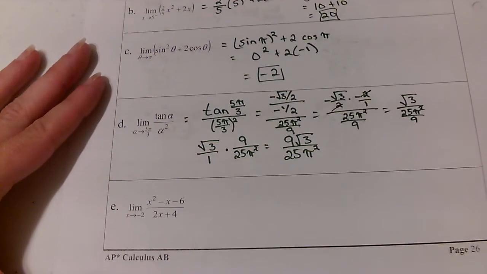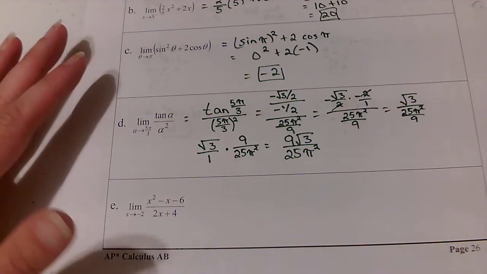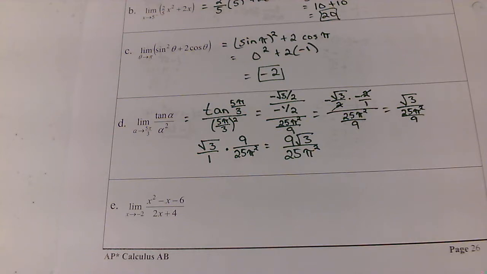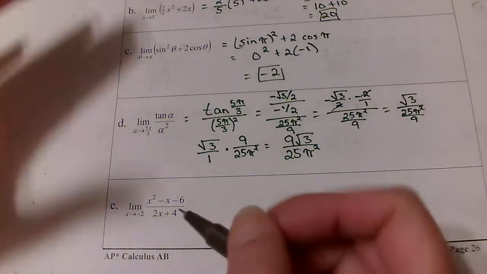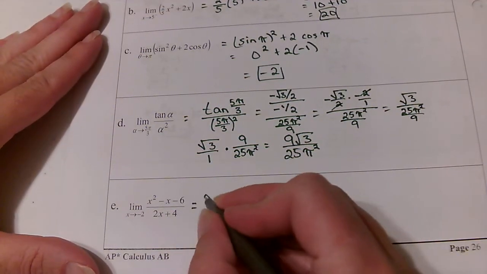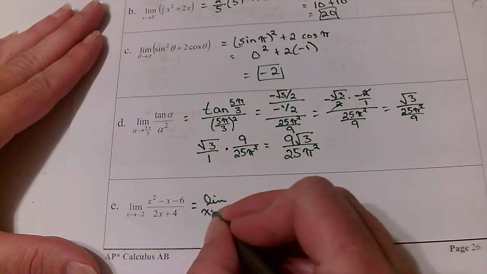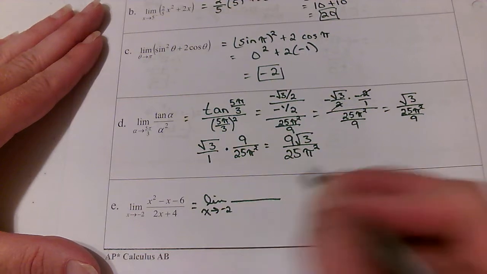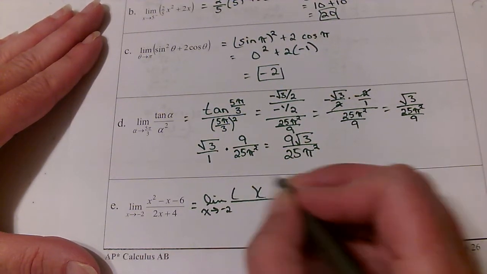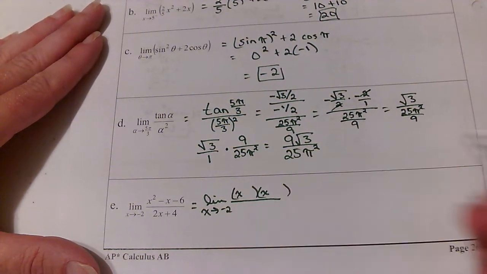Okay, next one. I'll go ahead and give you a hint. As soon as I see a rational function, I want to try to factor. And it doesn't hurt to do it, so do it. The limit as x approaches -2 of x times x is x squared.